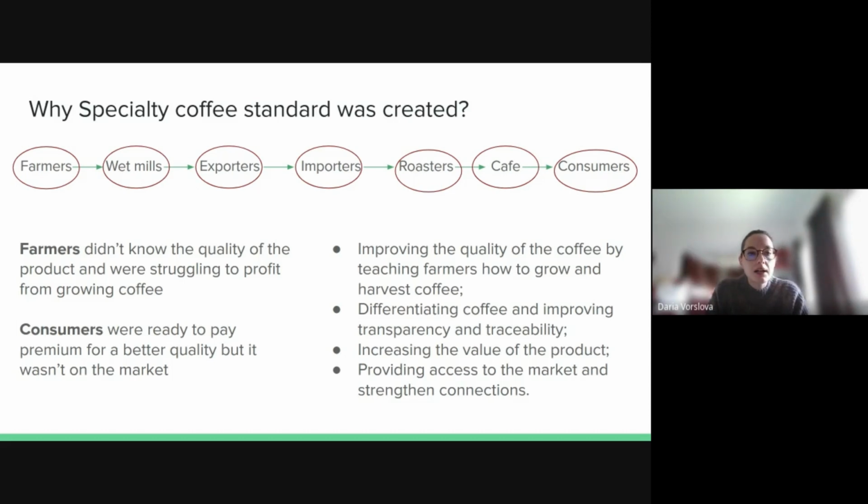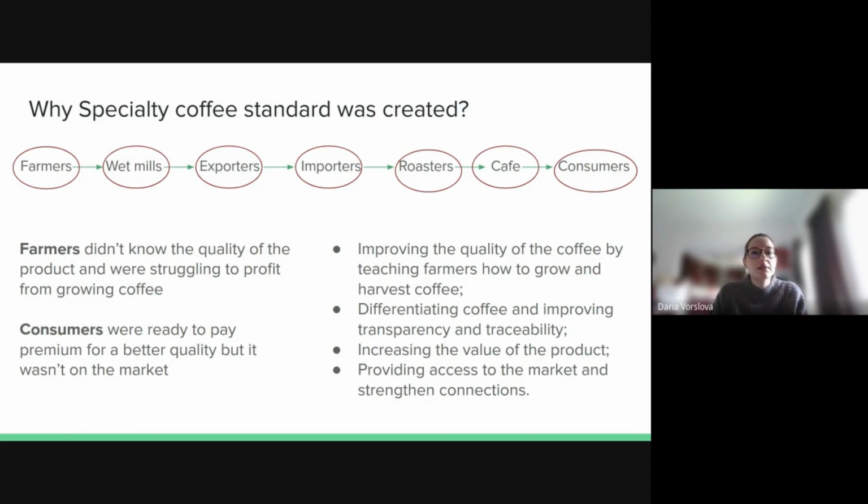And that's a problem not only for the farmers, that's a problem for consumers, for coffee roasters, for coffee shops, for those who would like to do something different to differentiate the product, but they couldn't because there was no product on the market.